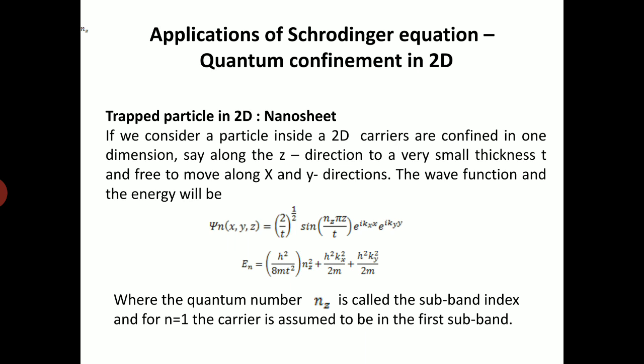We obtain the eigenvalues, that is E_n equals h square over 2 m t square times n_z square, plus h square k_x square over 2m, plus h square k_y square over 2m. These are the eigenvalues. By substituting the values 0, 1, 2, 3, etc., we will get the energy eigenvalues.